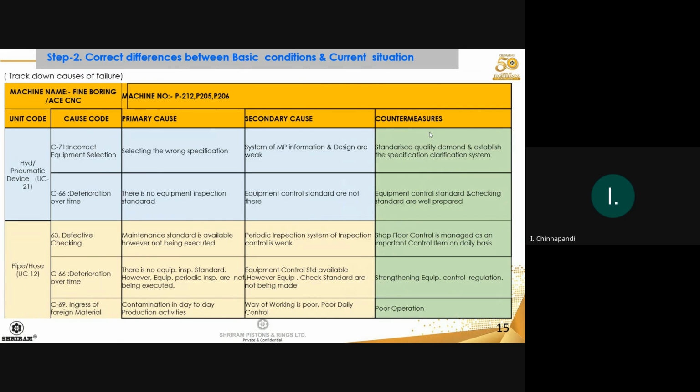If the check sheet is not there, the operator is not checking the function of the individual component. It may be that the standard was not provided by the manufacturer, or the maintenance in-charge did not prepare the standard. The countermeasure: the equipment control standard has to be prepared, and accordingly we have to check it. So this is the primary cause, secondary cause, and countermeasure. Next.